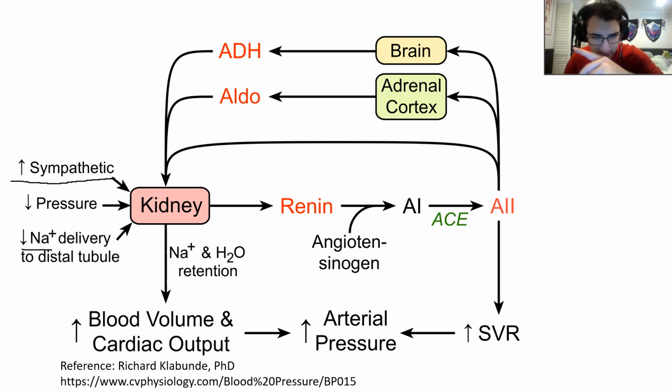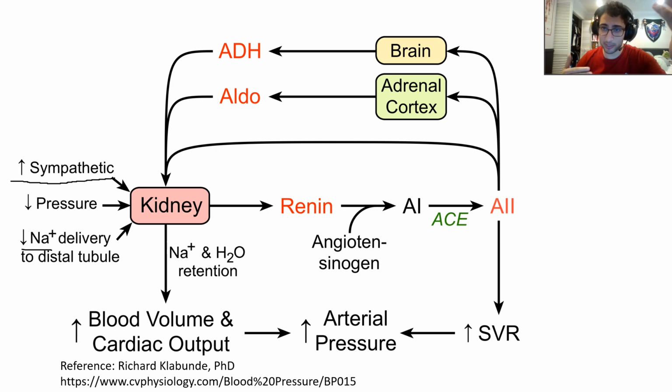When there's low salt, it takes that to mean that there's low water because water follows salt. And because there's low salt, that implies there's low water, and that implies the kidney is not filtering as well as it should. So how does the kidney rectify that?